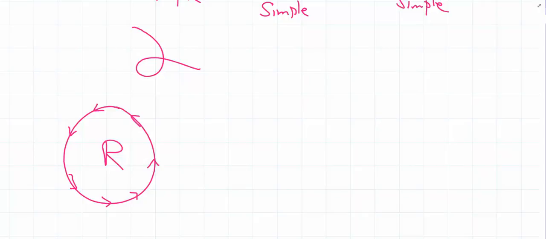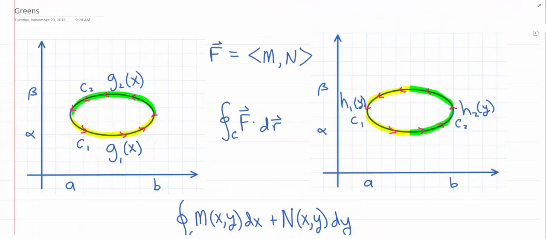Now, this is a simple closed curve, and we're going to look at a line integral over a simple closed curve, like that. I've drawn this out in advance to show you how we're going to approach Green's theorem. We have a vector field, and then we have a path through the vector field.